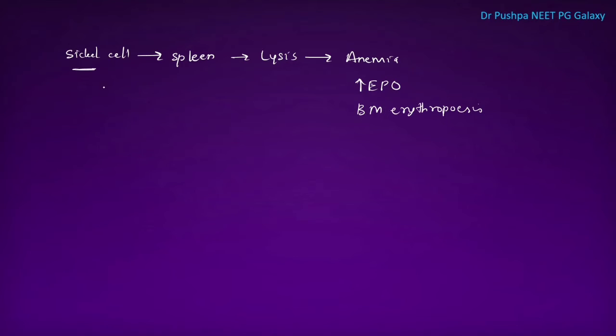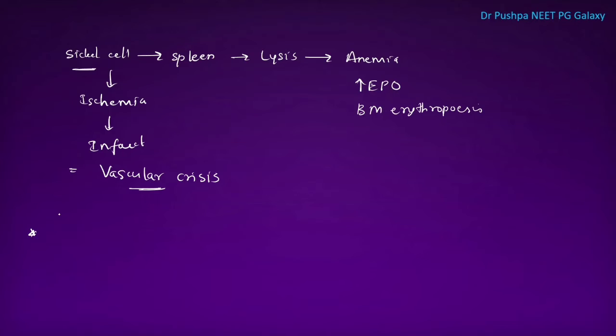This sickle cell in the spleen can also block the small vessels, which will cause ischemia, which in turn causes infarct. So this is called vascular crisis. One of the manifestations of sickle cell anemia is vascular crisis.